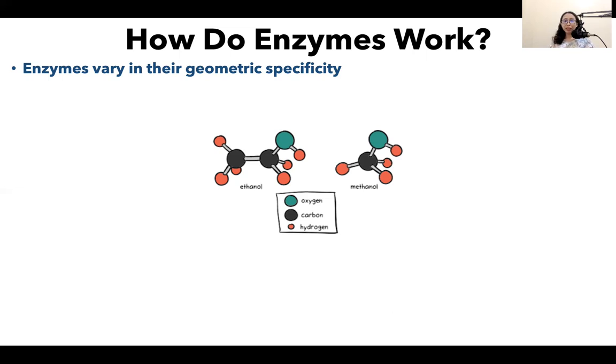Now, this is actually the principle behind the first aid to methanol poisoning. They say if you are exposed to methanol, you can prevent any further damage by ingesting ethanol.